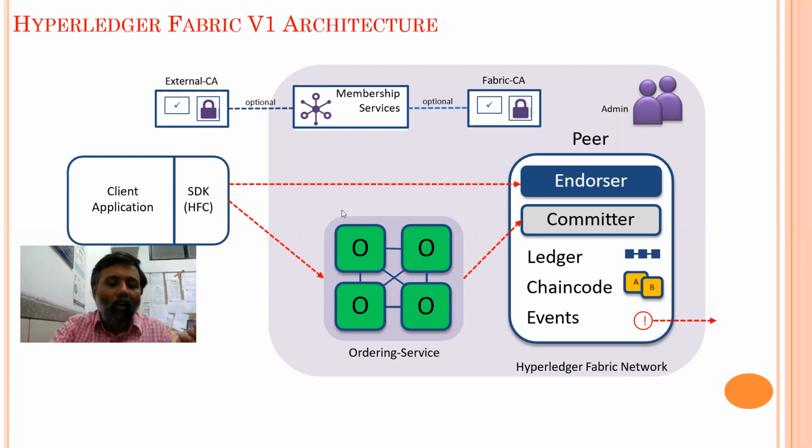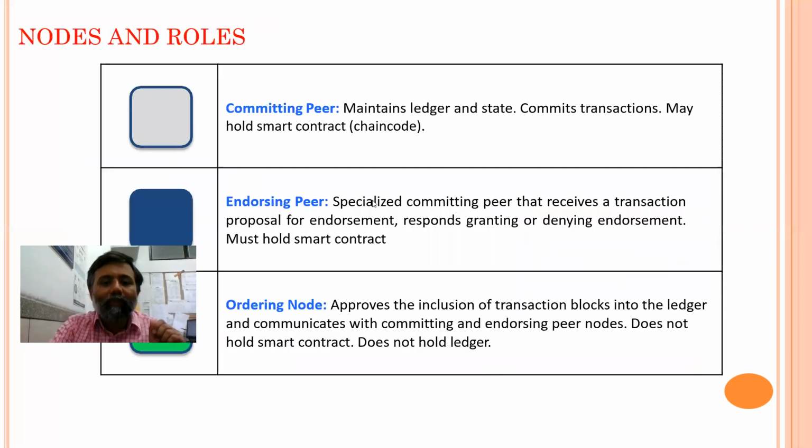Then a certain kind of ordering is done, which I will talk about later, and after that the commit process happens. The specialized committing peer that receives a transaction proposal for endorsement responds by granting or denying it, and it definitely needs a smart contract.